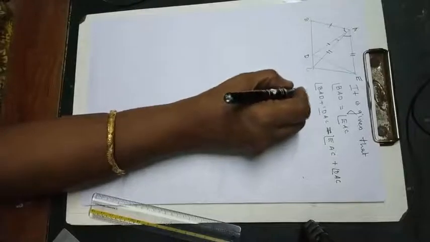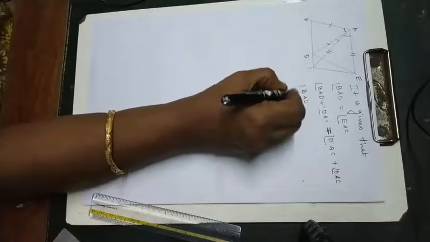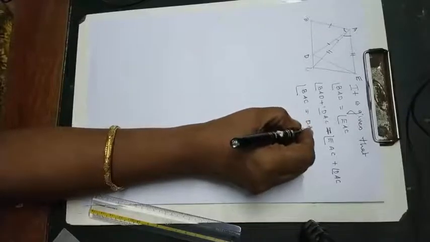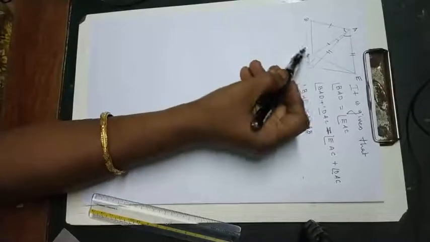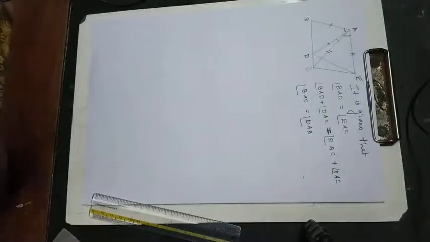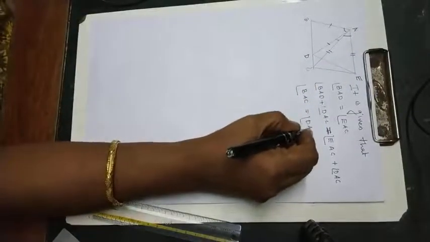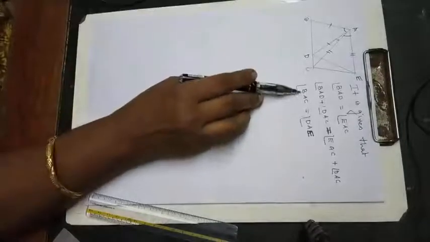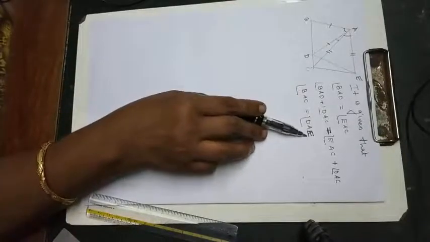So angle BAC will be equal to this bigger angle DAE. Now we got BAC is equal to DAE.